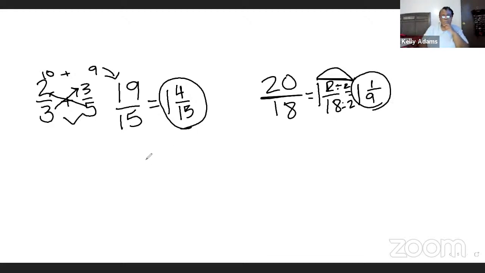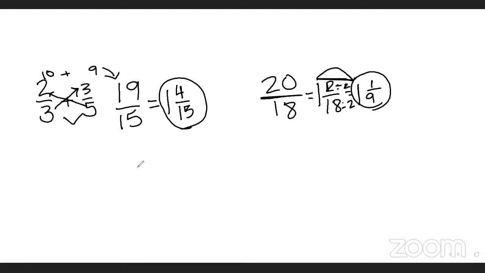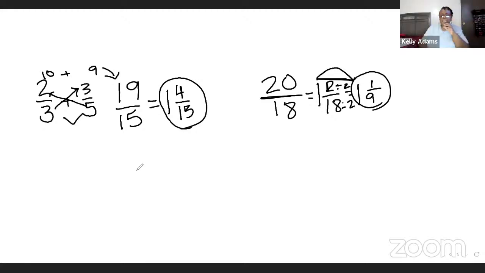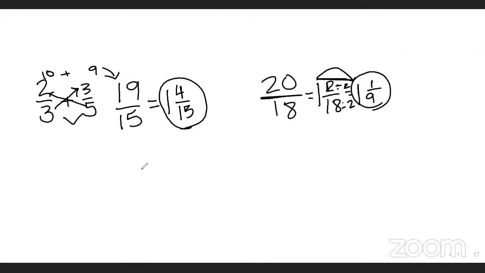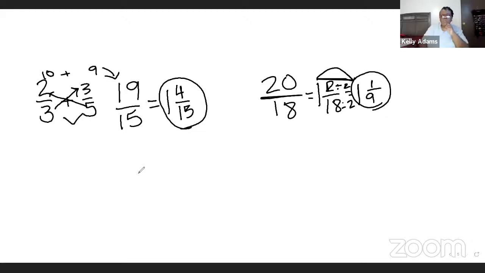Did he go in once or twice? 18 goes into 20. I thought it went in twice because 19, 20. No, that's how much you have left over, baby. If I put down 20 sticks and I pull out 18, I don't have enough to pull out 18 more sticks. You got me?